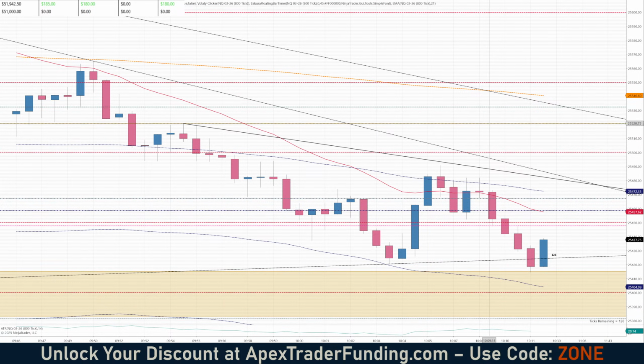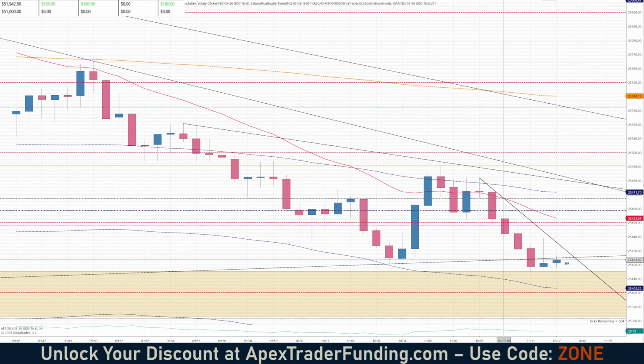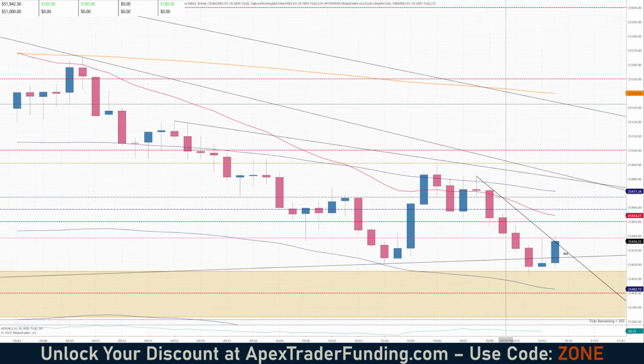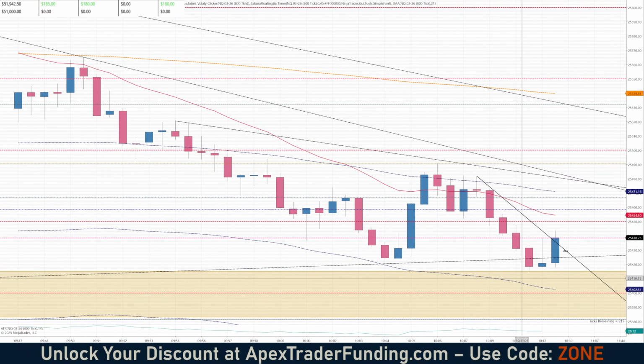We did make a new low, so technically our gold ruler also moves down. Runner moves down as well. Runner gets taken out. All right, let's see what we're going to do next.